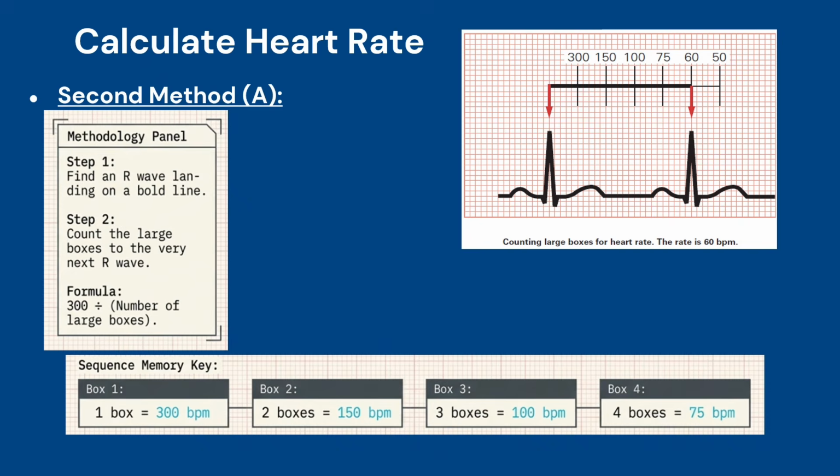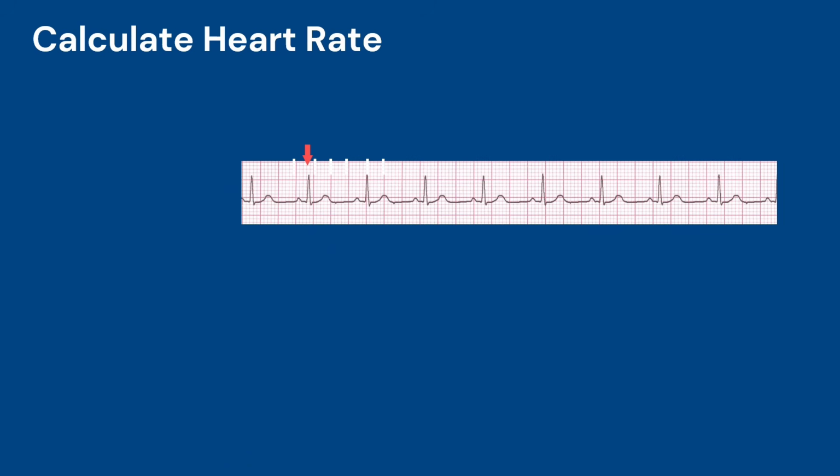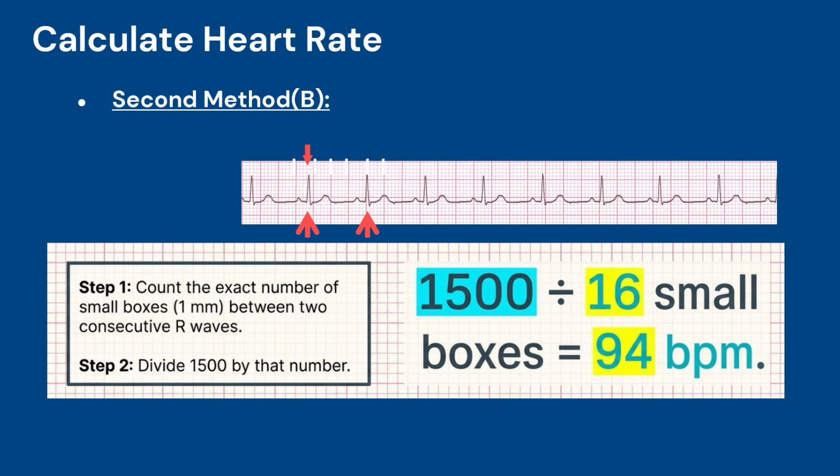Another method is similar, by calculating the RR interval, but sometimes you don't find the R waves hitting large boxes, all of them. In this case, you need to use the small squares to get an accurate calculation of the heart rate. You will do the same. You will count the exact number of boxes, but here small boxes, between two consecutive R waves, and you will divide 1500, because we know that 1500 small squares equals 1 minute.